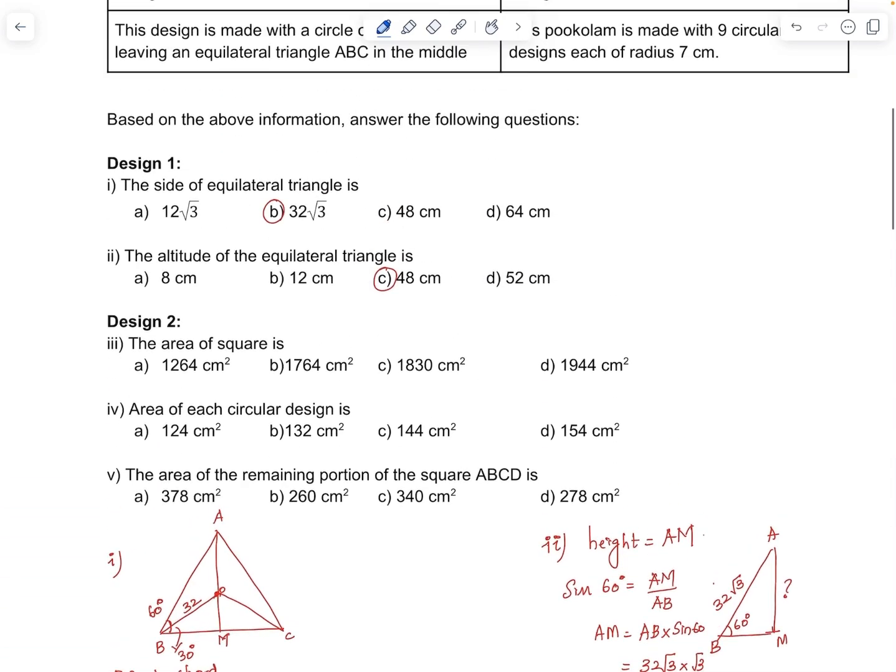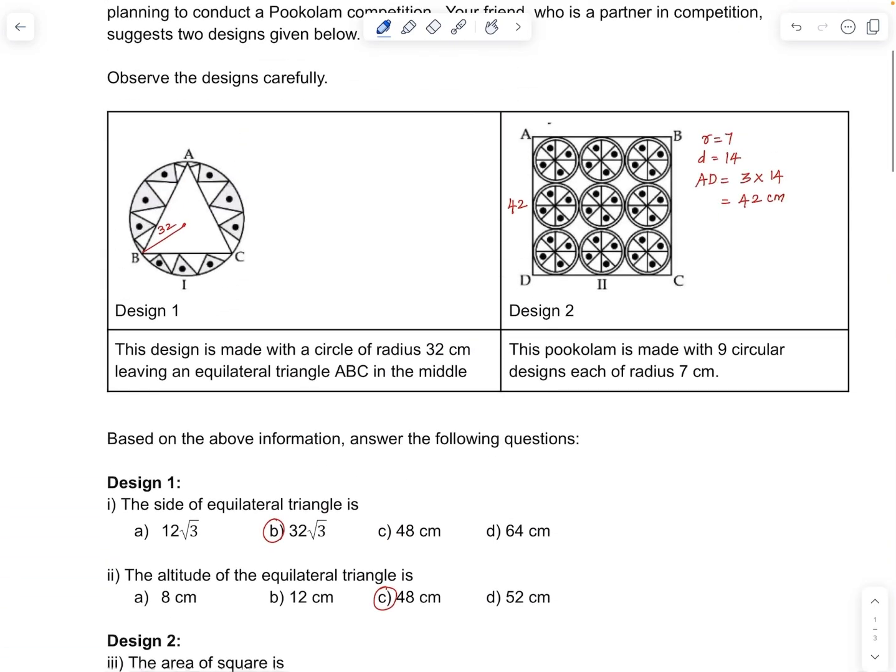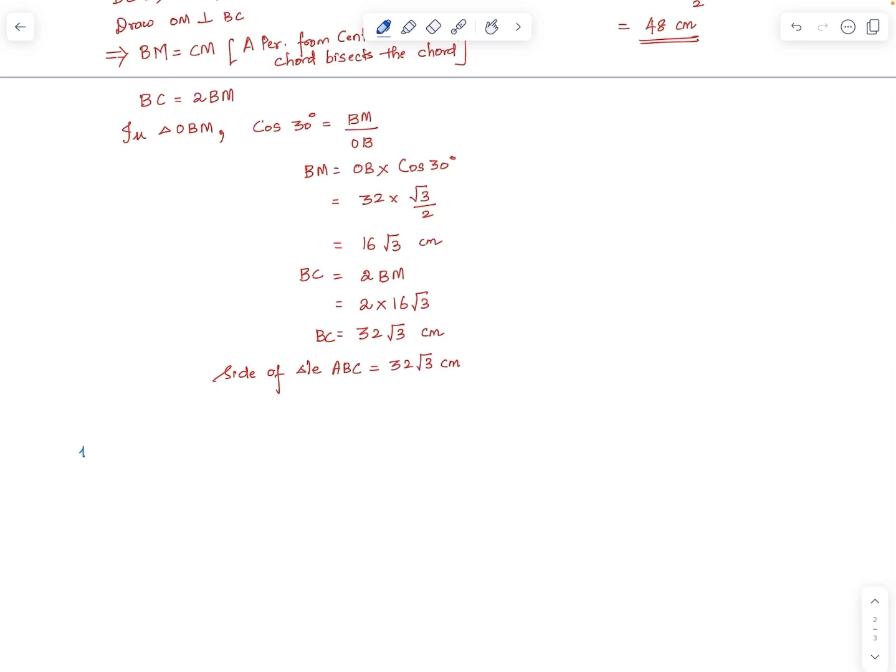We have calculated the side of the square already, which is 42 centimeter. So area of square is equal to 42 into 42, which is 1764 centimeter square.